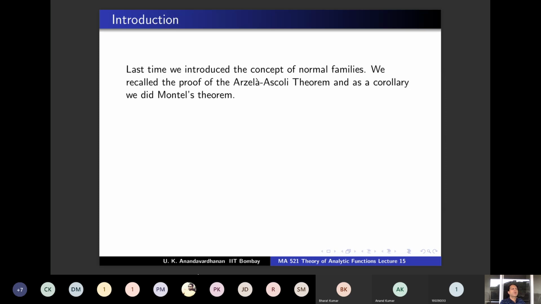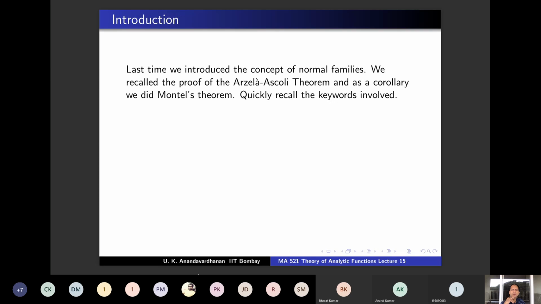And in order to apply Arzela-Ascoli, what more do you need? Equicontinuity. We deduce equicontinuity from the locally uniform boundedness. This is where we use the compact exhaustion and the Cauchy integral formula. Via the Cauchy integral formula, you deduce that the family is equicontinuous, and therefore Montel's theorem follows.